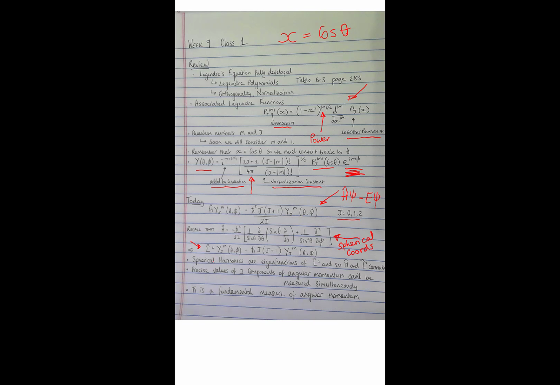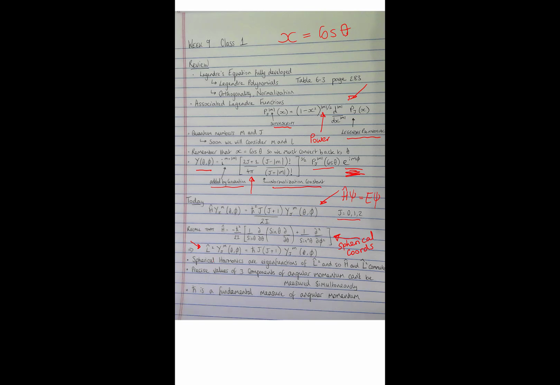And what this helps to tell us is that spherical harmonics end up being eigenfunctions of both the operator for angular momentum squared, and also an eigenfunction of an operator equation with the Hamiltonian operator. This tells us that these two measurables, if you will, commute.